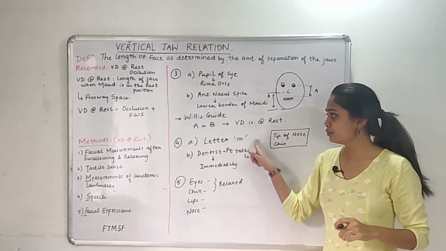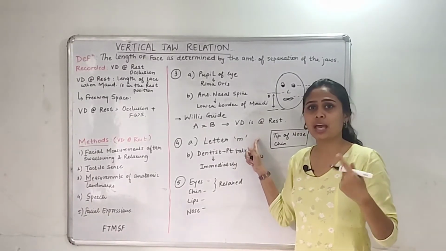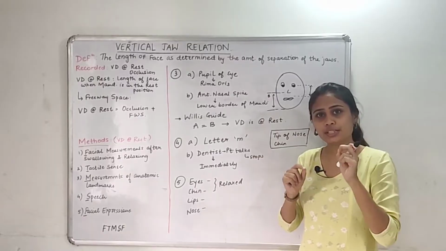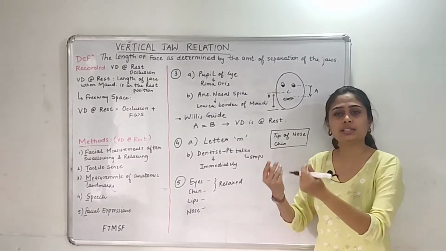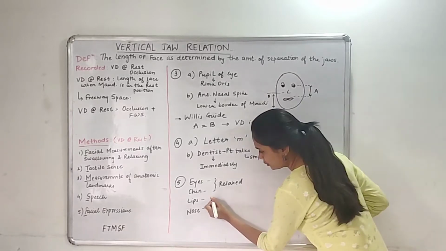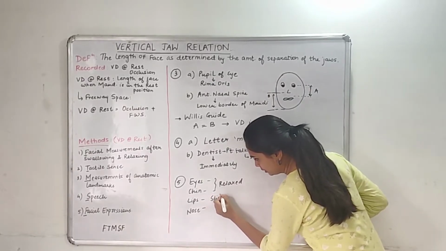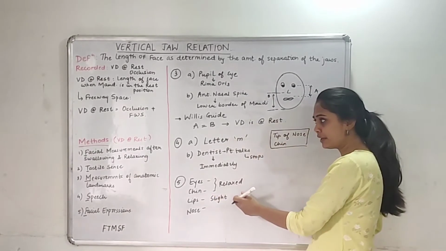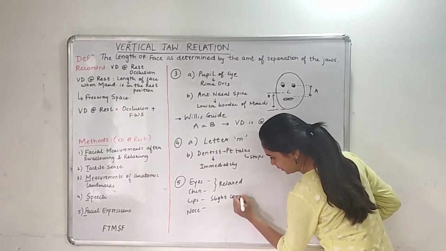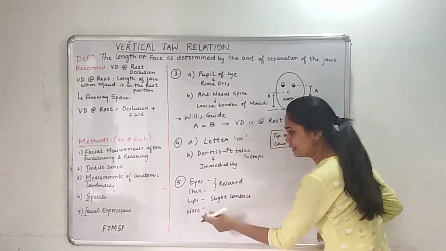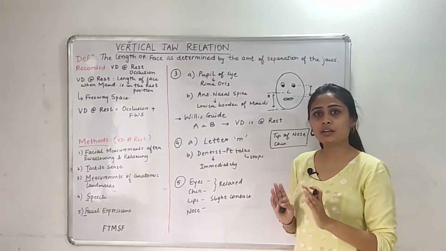So when we pronounce the letter M, M, M, you see the lips are in just slight contact when the patient is not speaking or when the patient is just sitting there. So the lips should be in slight contact. This also signifies that the vertical dimension is at rest. Okay, and last is nose. The nose should be unobstructed.